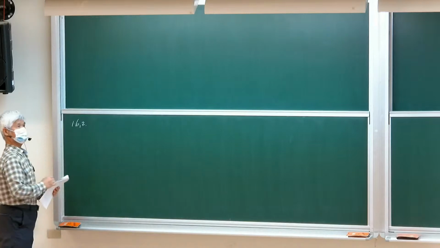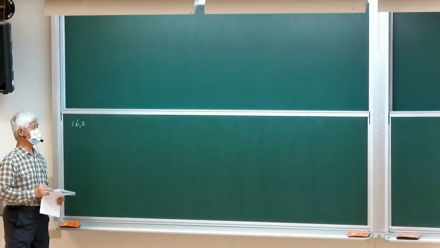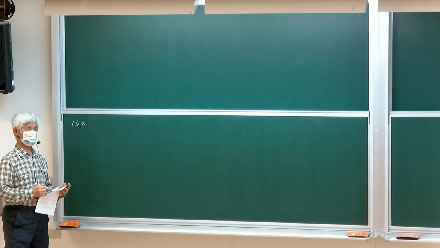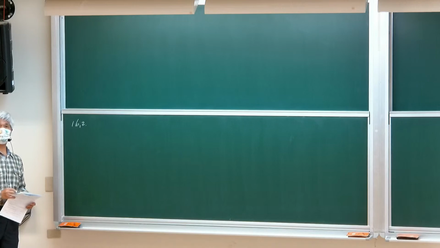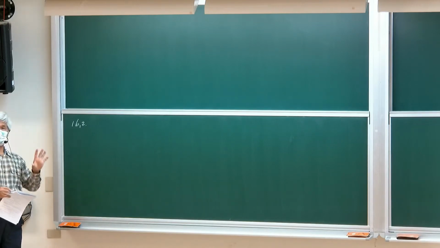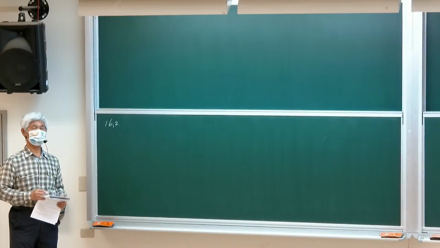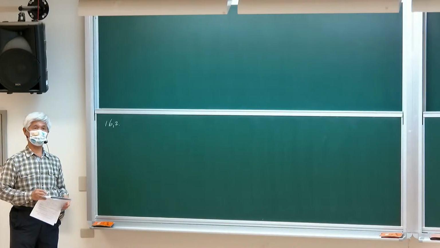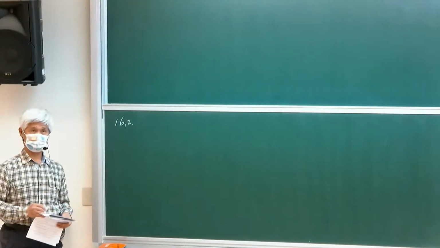Okay, so we have talked about Laurent series in the first section, and we proved that any analytic function in an open set is representable by a Laurent series expansion.